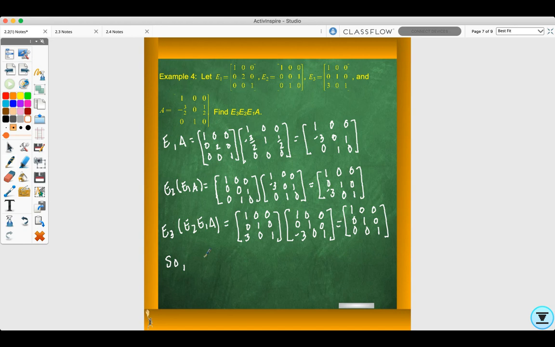So E3 times E2 times E1 times A equals the identity matrix.